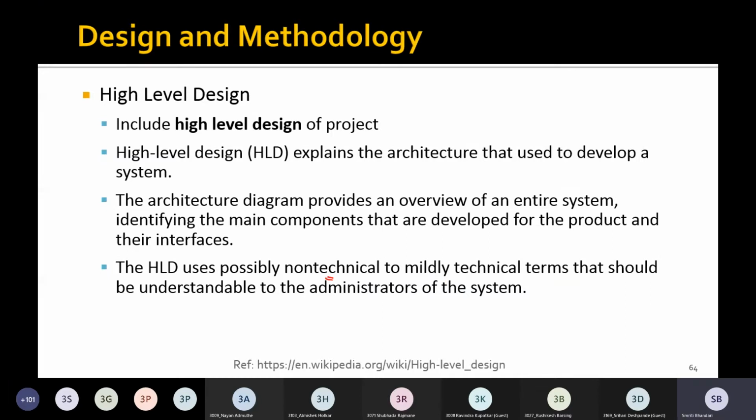So high level design in terms of the block diagram only explains what are the important components, what are the important phases of your project that you have implemented, so that the administrators or the non-technical people can also understand the high level design. Okay. And this high level design applies to both software as well as hardware systems.